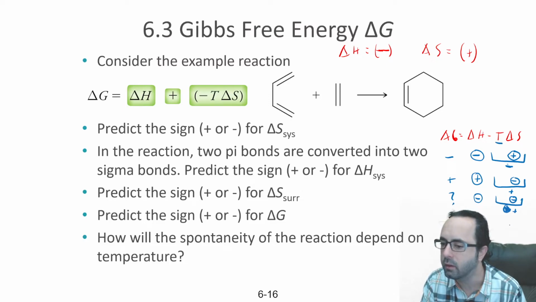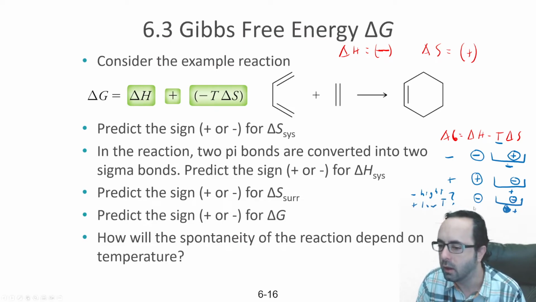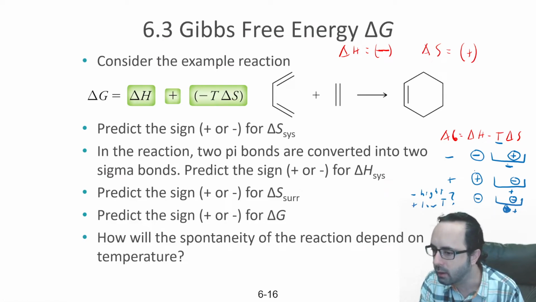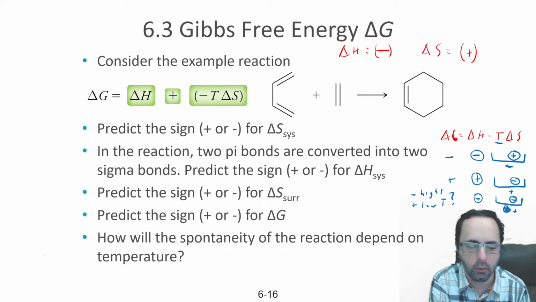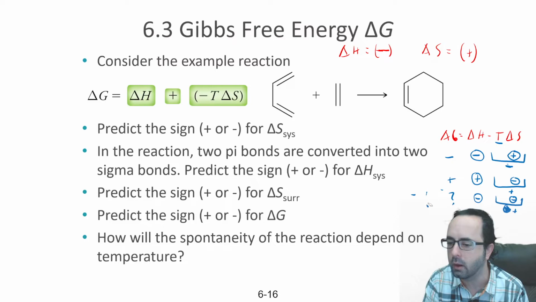When the temperature is large, this term is going to be large. So this will be negative at high temperatures, but positive at low temperatures. No, I got that wrong. I got that opposite. Let's fix that. Sorry about that. Let's analyze this again.